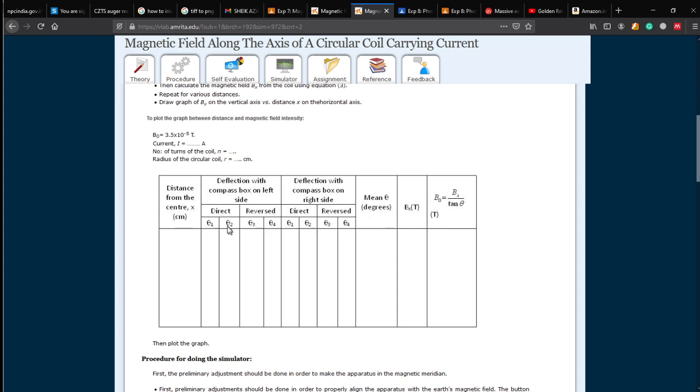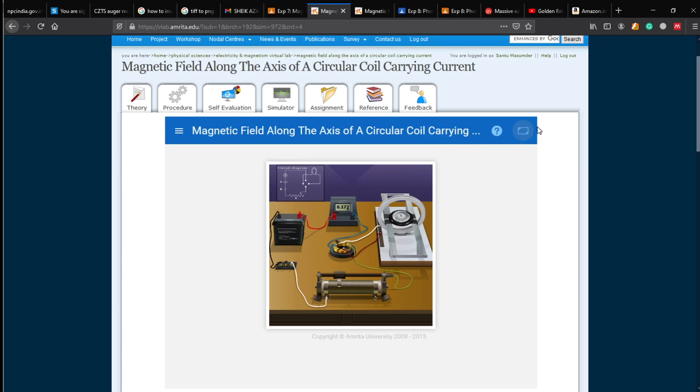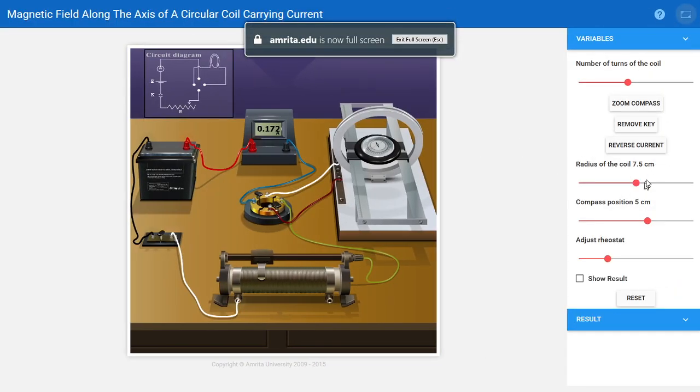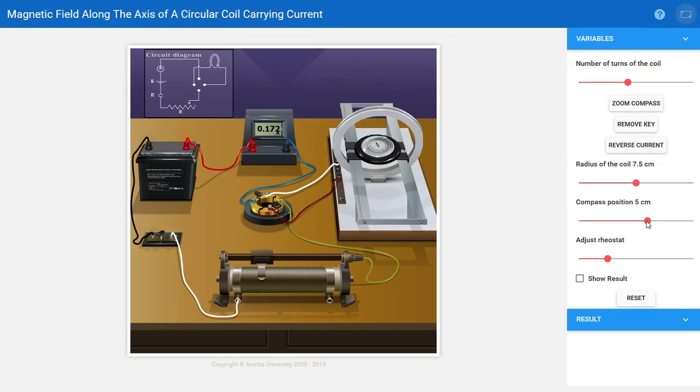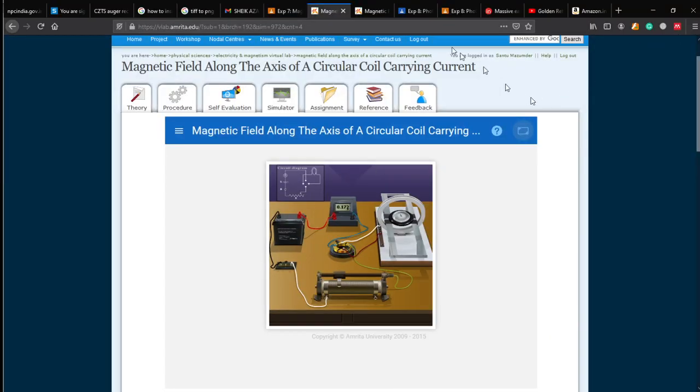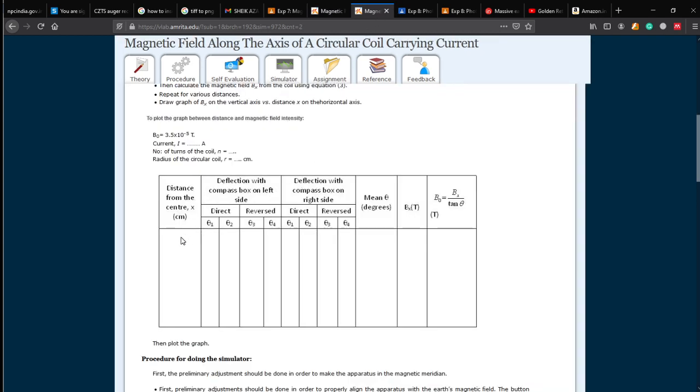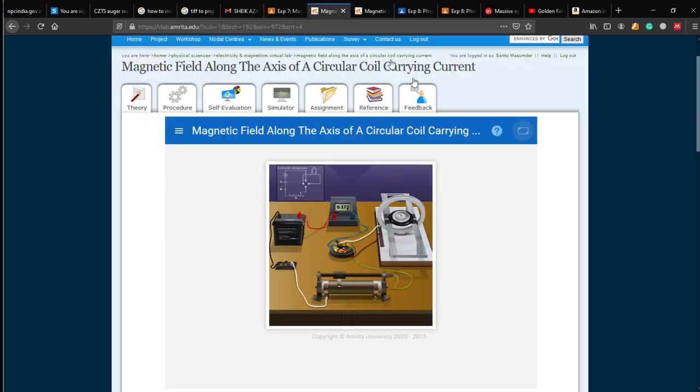Now coming to this distance part, we already have the distance as 5 centimeter. So what we have to do is write 5 here, and let's go for the theta 1.